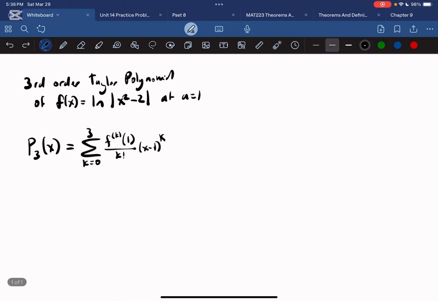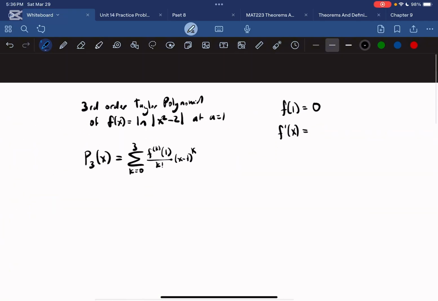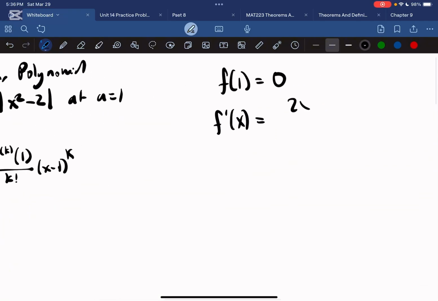So let's take a look at what f at 1 actually is. F at 1 is just 0, right? Because this guy will become -1, and then ln of 1 is 0. That should make sense. Now let's take a look at f prime at x. F prime at x is equal to 2x over x squared minus 2, right?